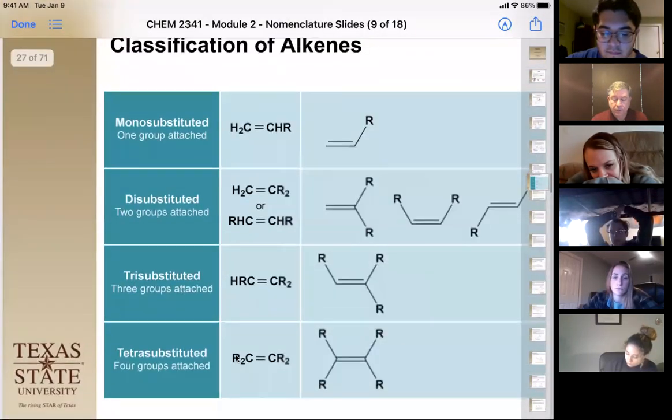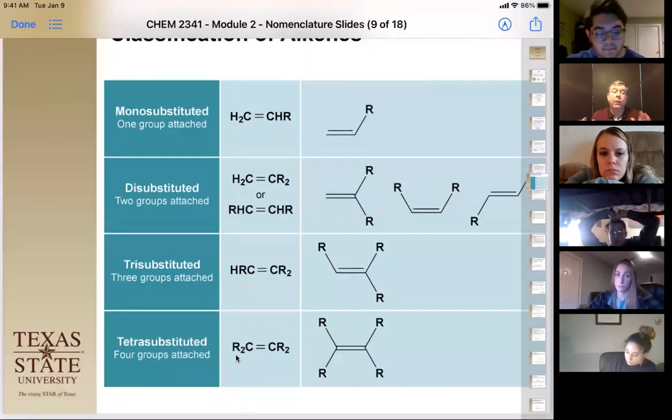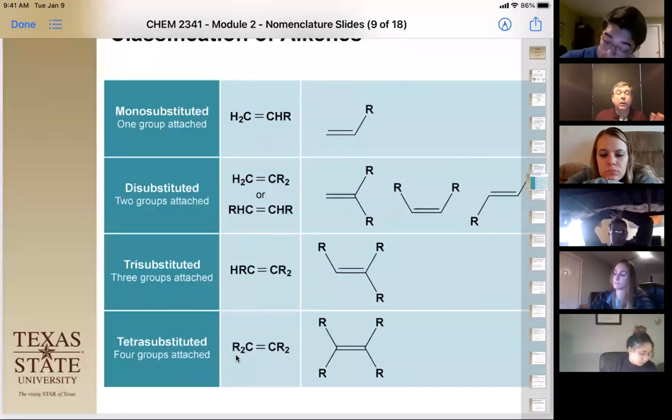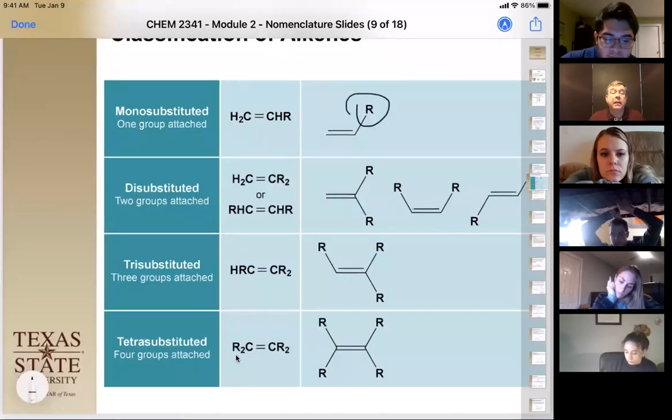All right, so there are different types of alkenes, and that gives rise to how we're going to name them, because if you have a monosubstituted group, only one alkyl chain hanging off there, the cool thing is that means your alkene is always at the end of the chain. Now you can have disubstituted in 3 different ways. You can have them both on the same carbon of the double bond.